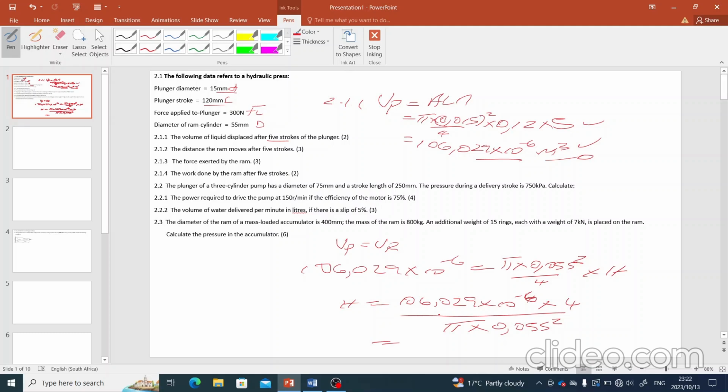We get our answer as 0.0446. Let's make it 3 meters.